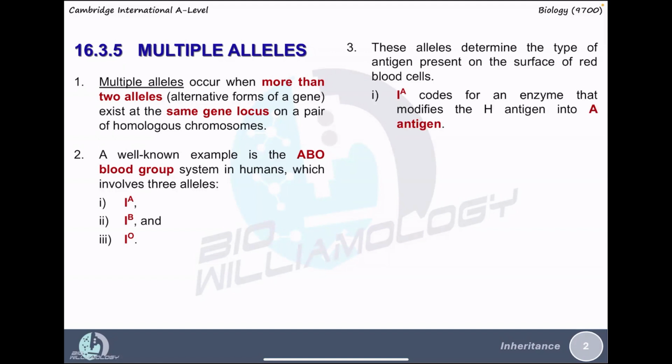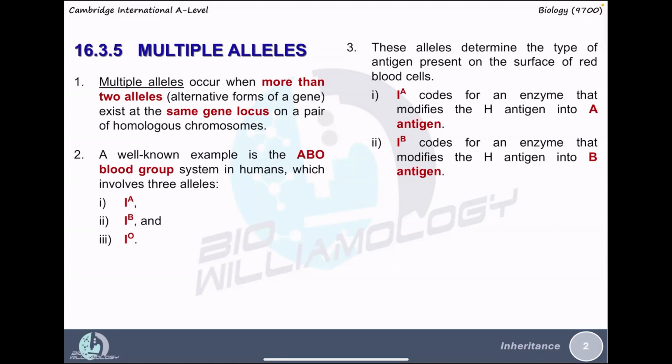IA codes for an enzyme that modifies the H antigen into the A antigen. So therefore, an individual with IA will not have H antigen. IB, on the other hand, codes for another type of enzyme that modifies the H antigen into B antigen.